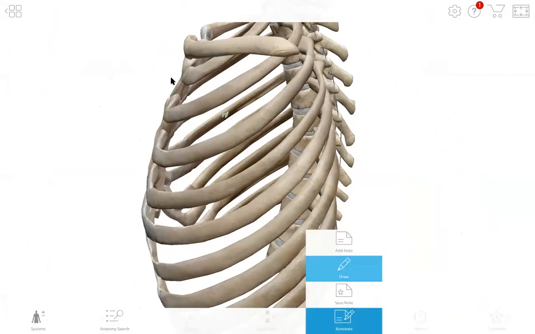The sternal angle, if we draw it from the manubrium sterni, from the manubriosternal joint backwards, will be at the lower border of T4.